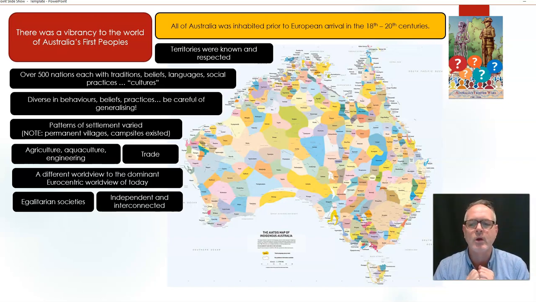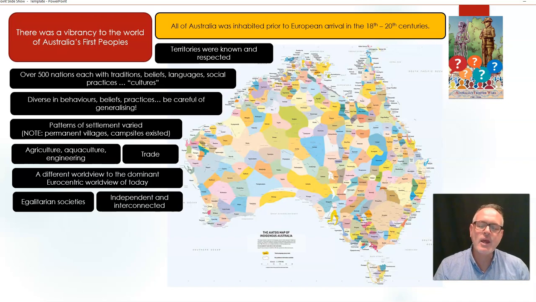Europeans struggled to find who to negotiate with when they came into contact with our first peoples, because there were no concepts of chiefs. There were concepts of elders, but the elders were those who facilitated group decision making. The groups were interdependent but independent.